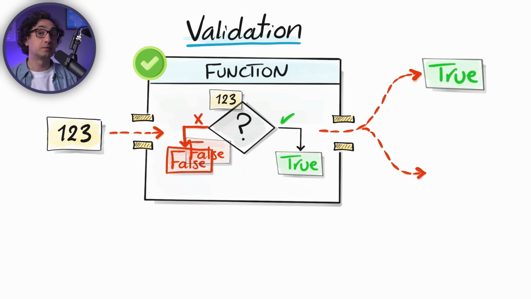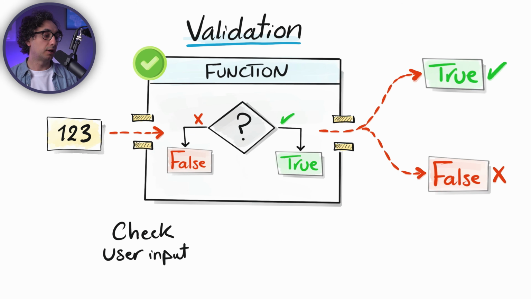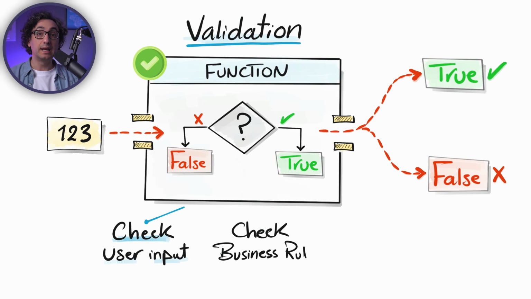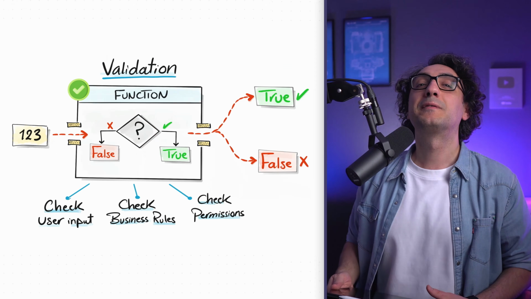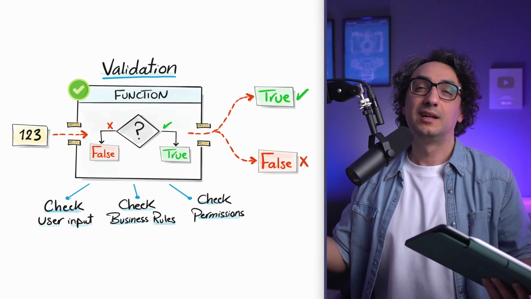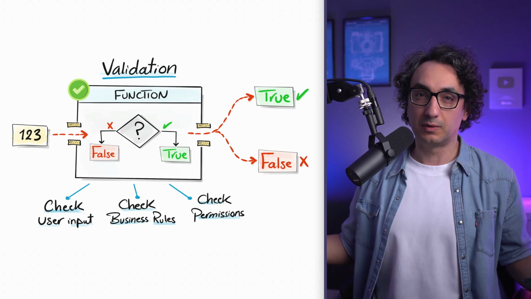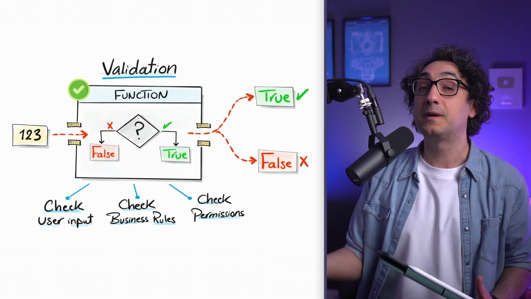And this is very useful for many scenarios, like for example, validating the user input, checking whether the business rules are correct, verifying the data quality, and something that I use a lot, we're going to use it in order to check whether the user has permissions or not. And my friends, in real projects, the validation functions are really important because usually the data has bad quality, and you're going to use those functions to protect your system from bad data.